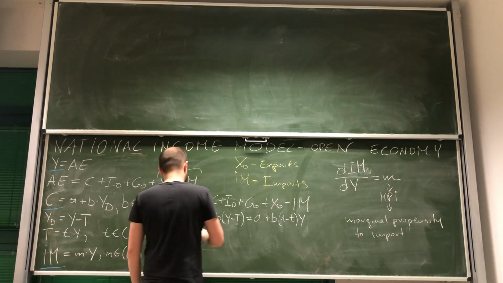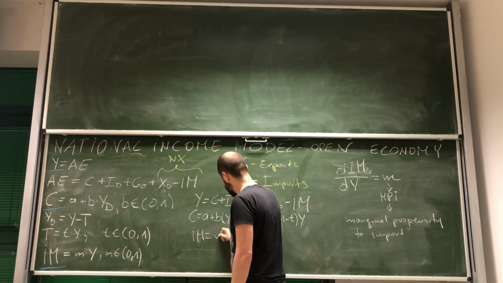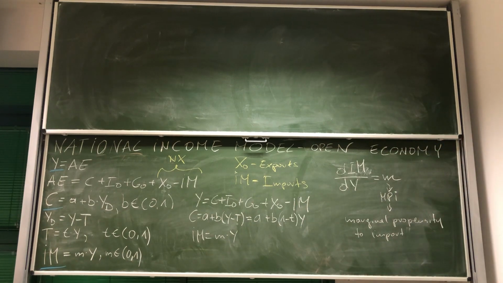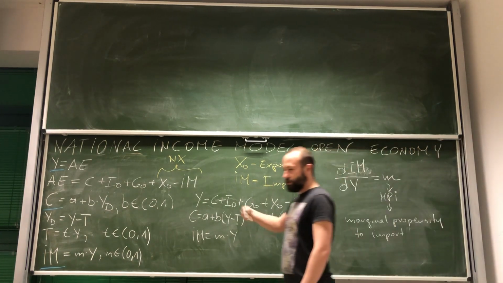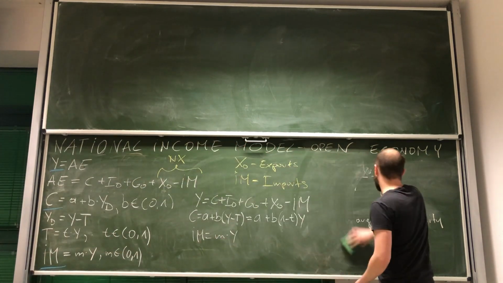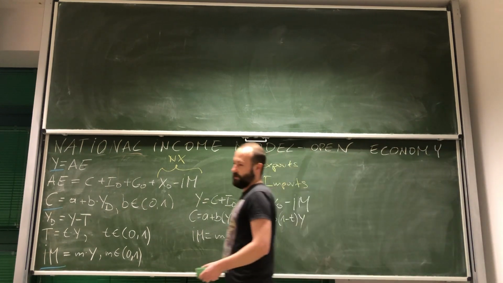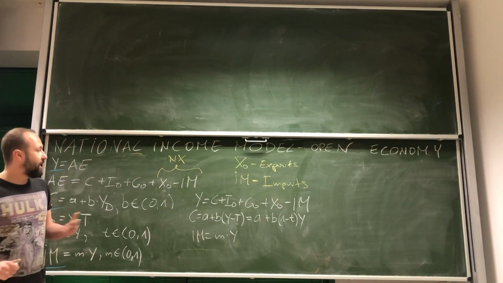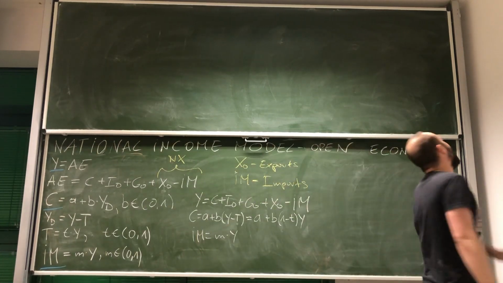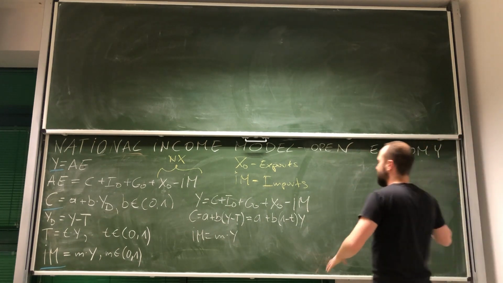Right? So, next, the last equation we haven't used is over here. This is the equation for imports. And it is a very simple one. IM equals m times y. Okay, and using the same procedure that we have been relying on all this time, the first thing we do is put all endogenous variables on the left, exogenous on the right.